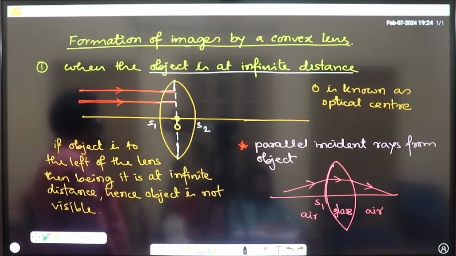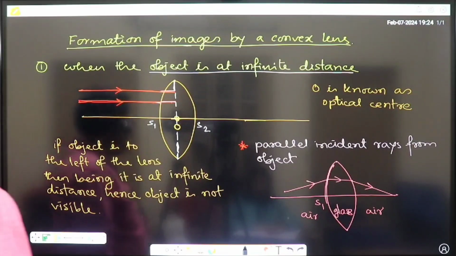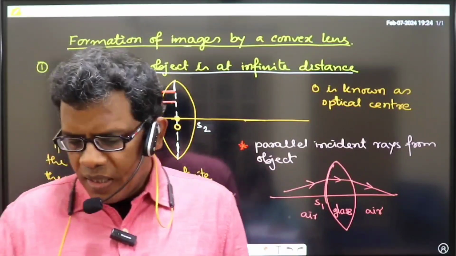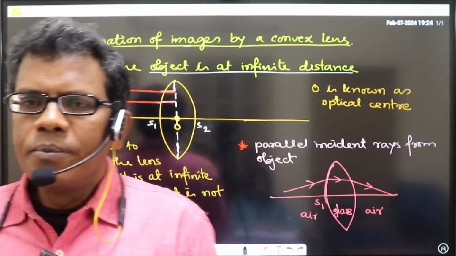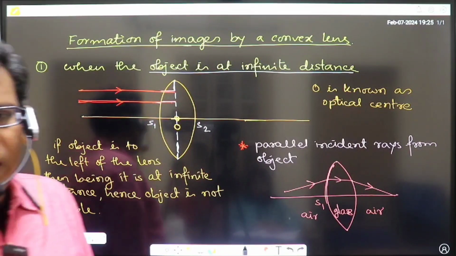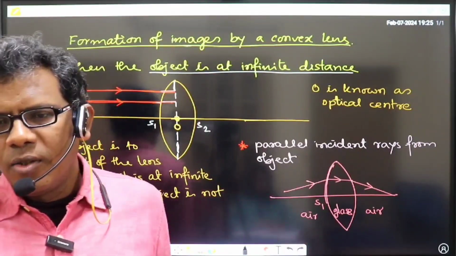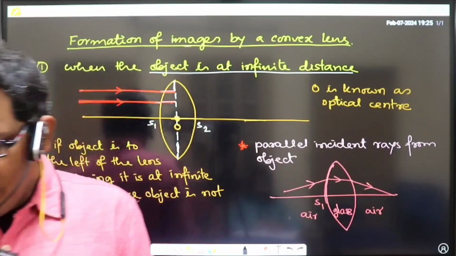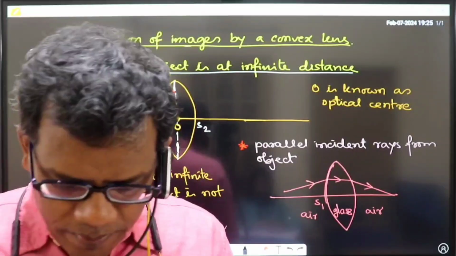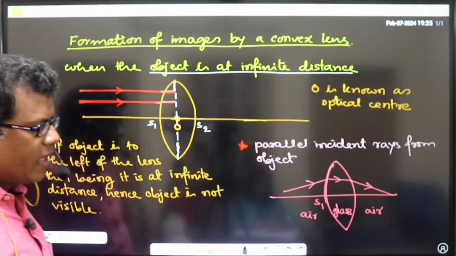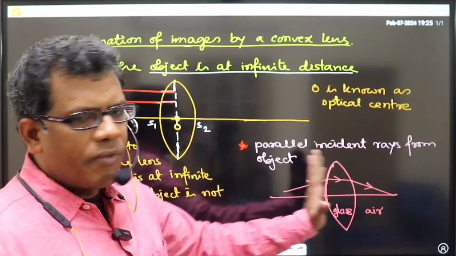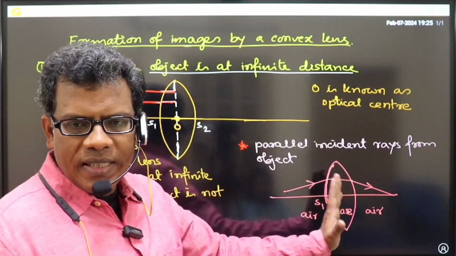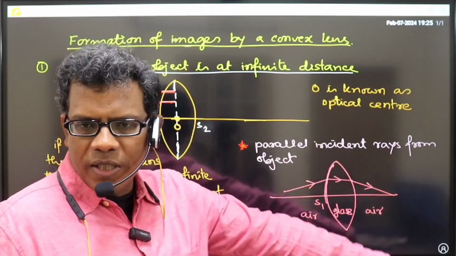Tell me yes or no. I made it clear in the very first class while explaining the lens that a lens is two refractions taken consecutively. Lens is a case of double refraction, isn't it? The first one is from the outside medium to the medium of the lens, and the second one is from the medium of the lens to the outside.